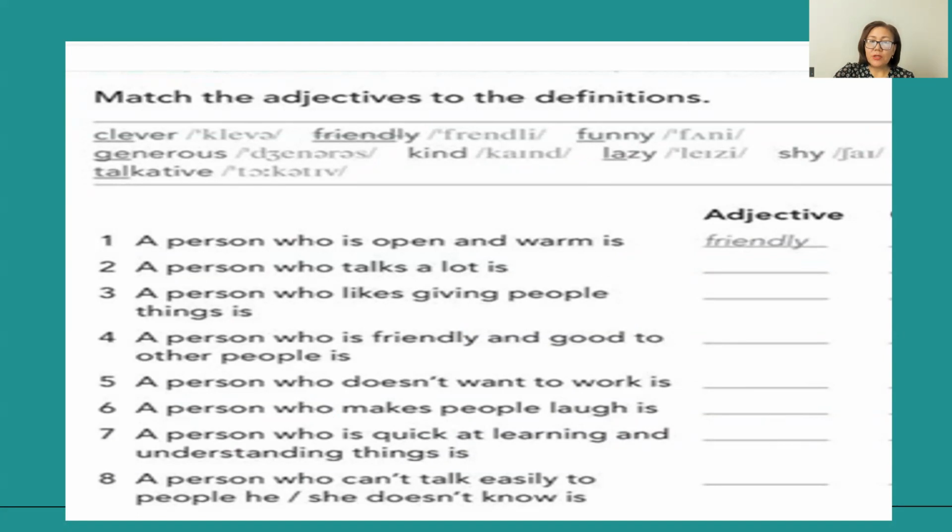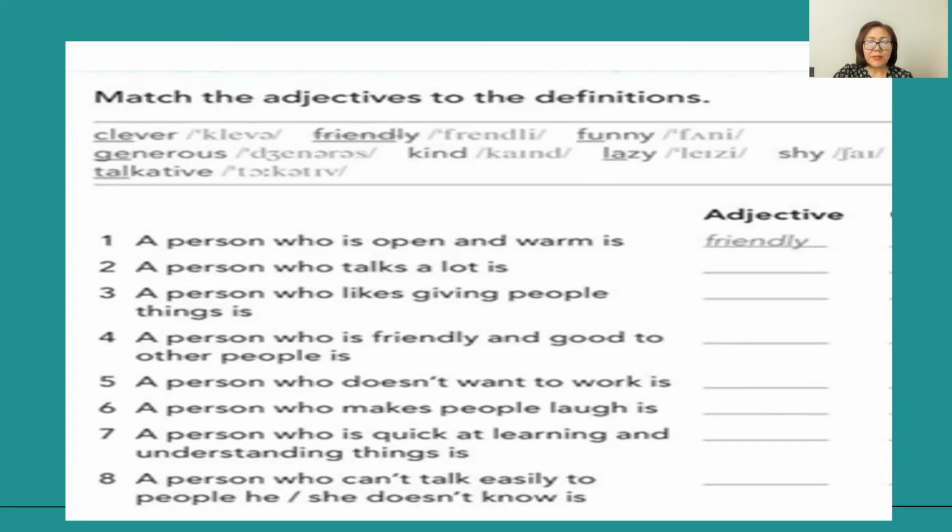For example, we call the person who is open and warm, friendly person. And what do you think? How we call the person who talks a lot? Yes, a talkative person. A person who likes giving people things is generous person.